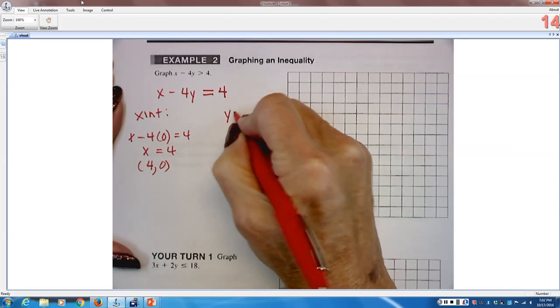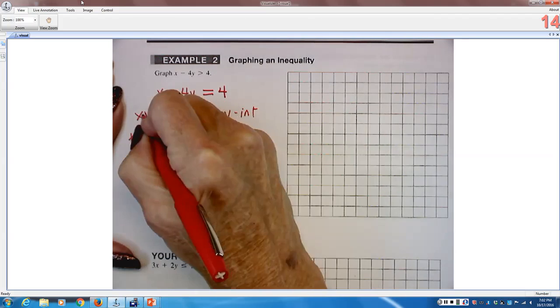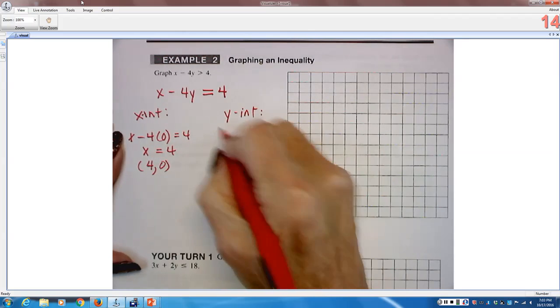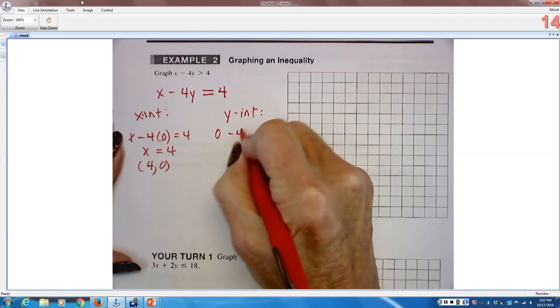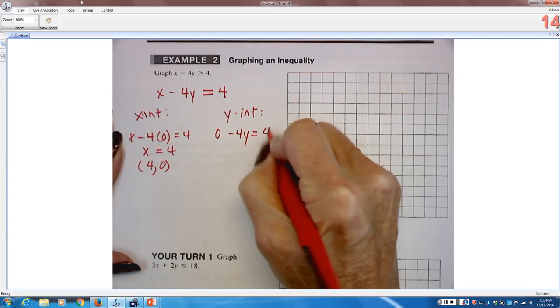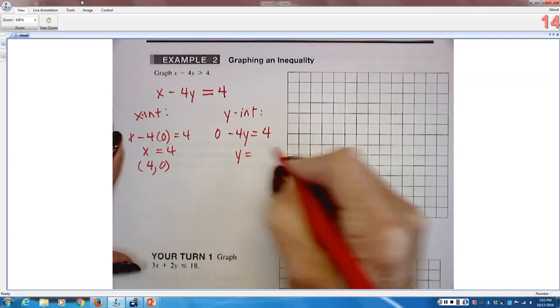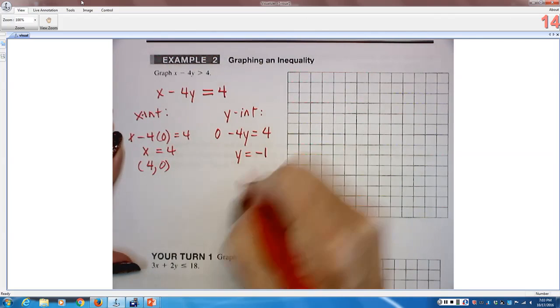And then the y-intercept, we're going to let x be 0. 0 minus 4y equals 4. y equals 4 over negative 4, which is negative 1.